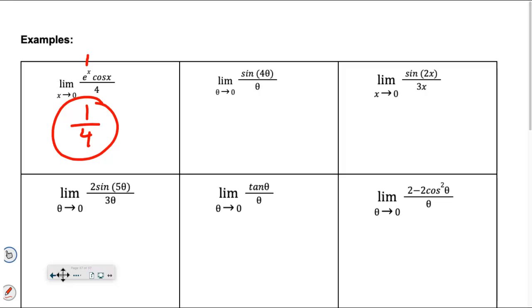This next one, though, it looks a lot like the one that says the limit as x approaches, or any variable approaches 0, of sine of some angle over, and it's not quite the same angle. It's not quite what I want it to be. So I'm going to do what in math is totally legal. I can divide by 4 and not disrupt the function as long as I also choose to multiply by 4.